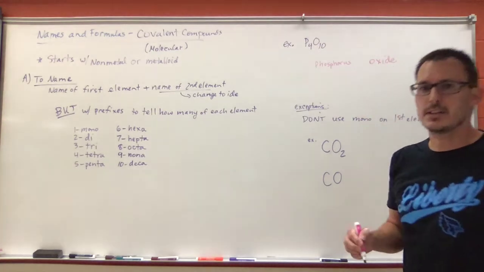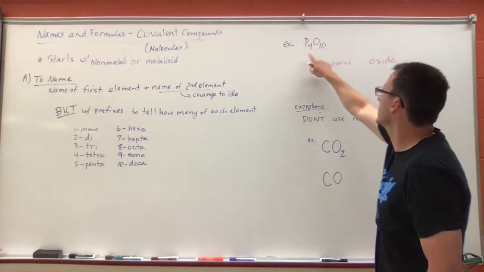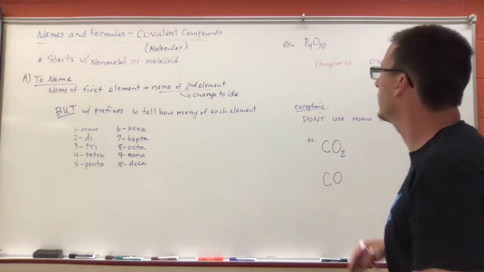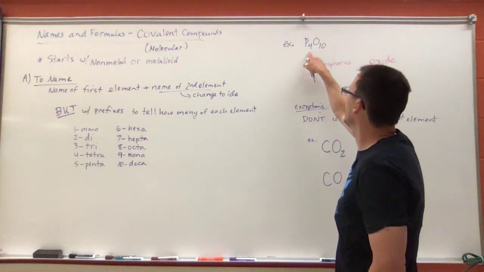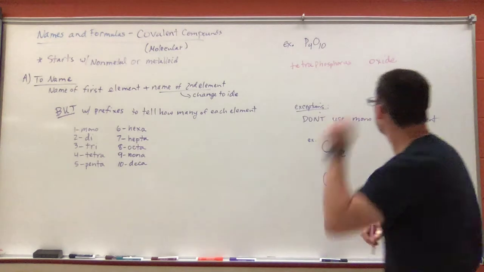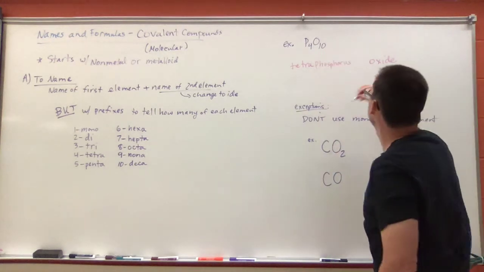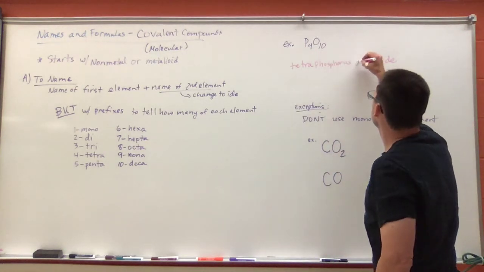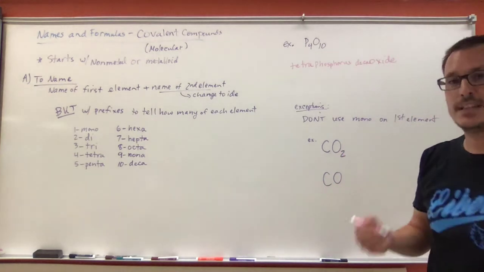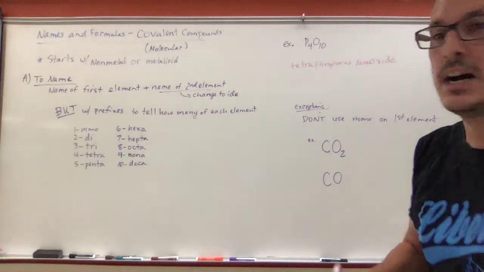Now, with covalent, because we know it starts with a nonmetal, we're going to have to use prefixes. Prefixes go in front to tell how many. Since it's 4, then we need to put a tetra in front. And then since there's 10 for oxygen, you're going to put deca in front. So we would say tetraphosphorus decaoxide.